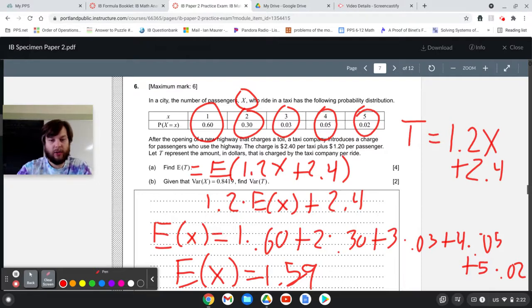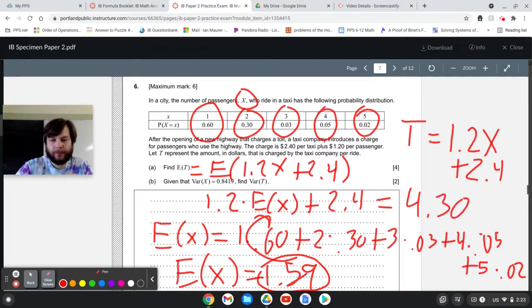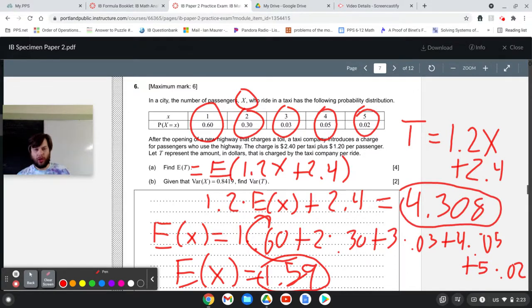And then going back to my formula, substituting that right in, I have 1.2 times 1.59 plus 2.4 is 4.308. What that means is the expected charge per taxi that goes out is about $4.31 because of the toll on the taxi. So that's E of t.